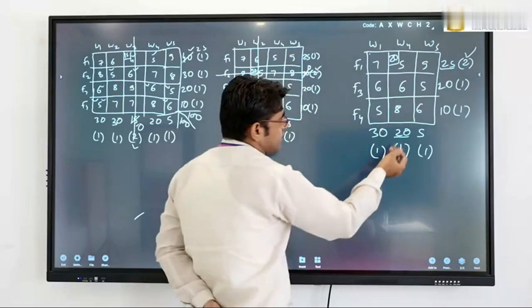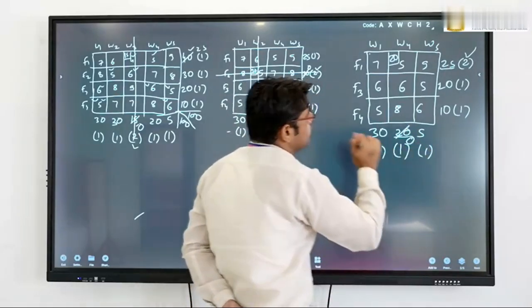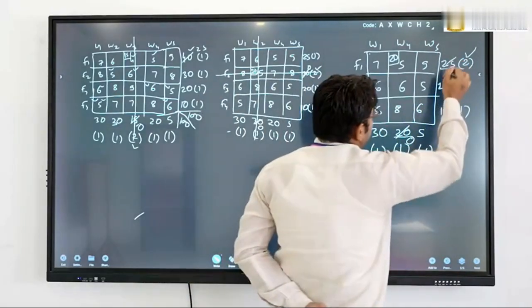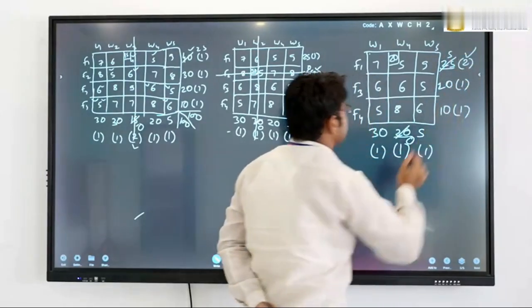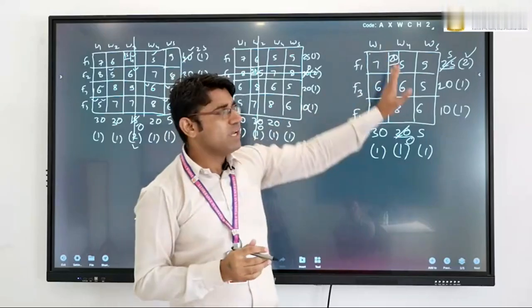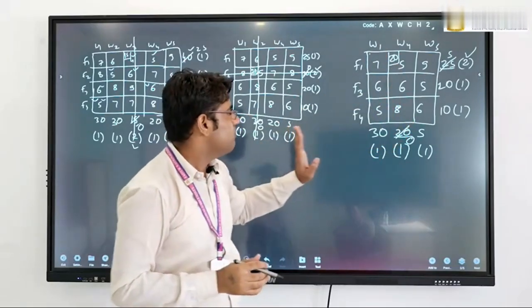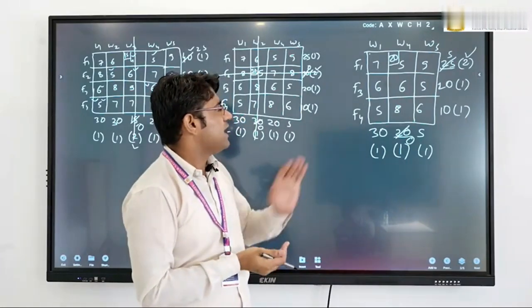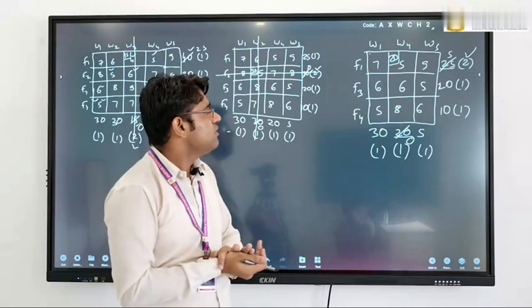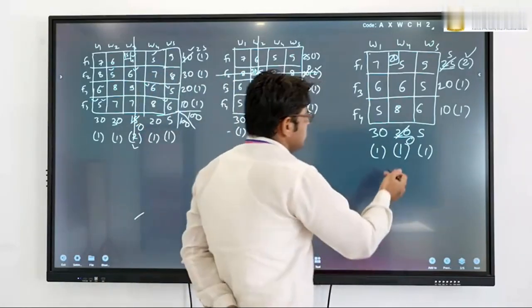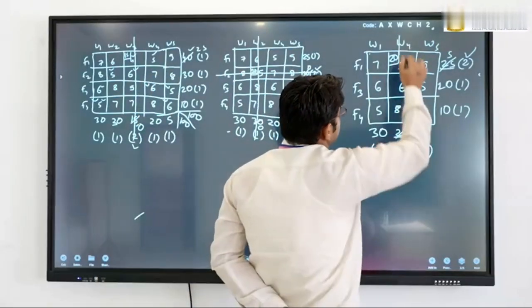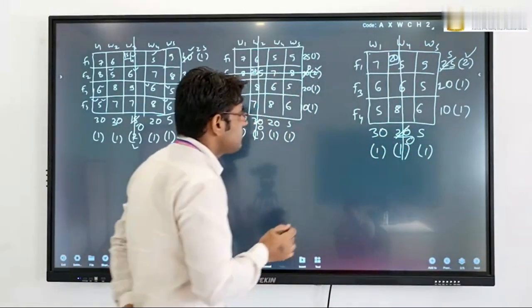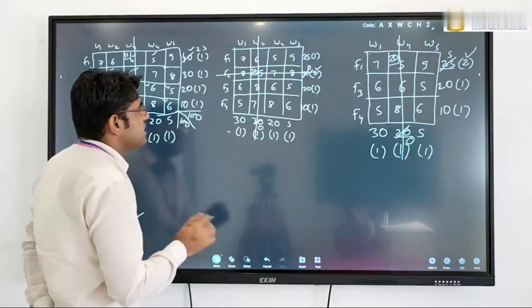So now subtract 20 minus 20, 0 remaining, and 25 minus 20, 5 remaining. So the demand of warehouse W4 is complete and the supply of factory 1 is 5 remaining. Now we cross out the warehouse W4. Now we move to the next table.